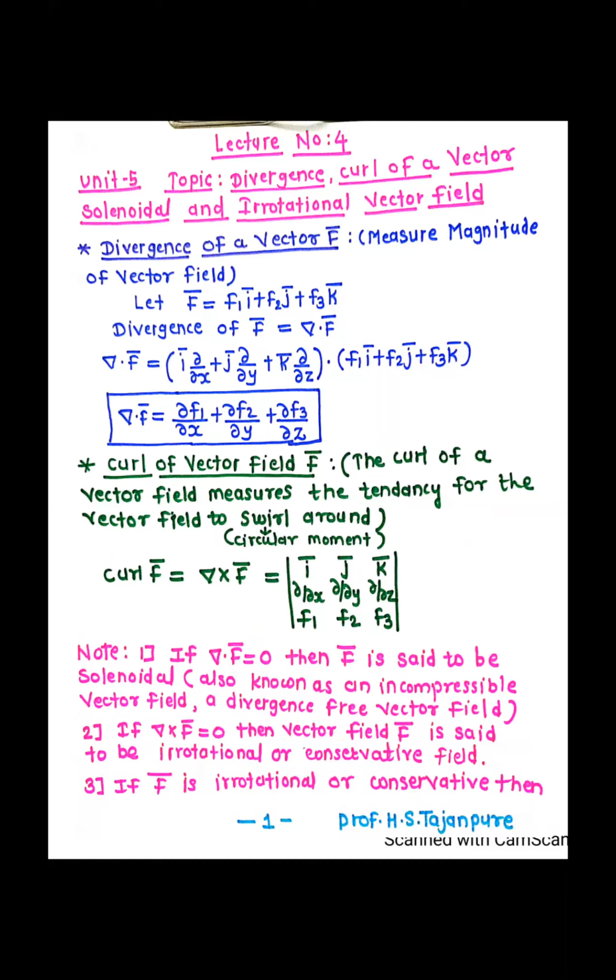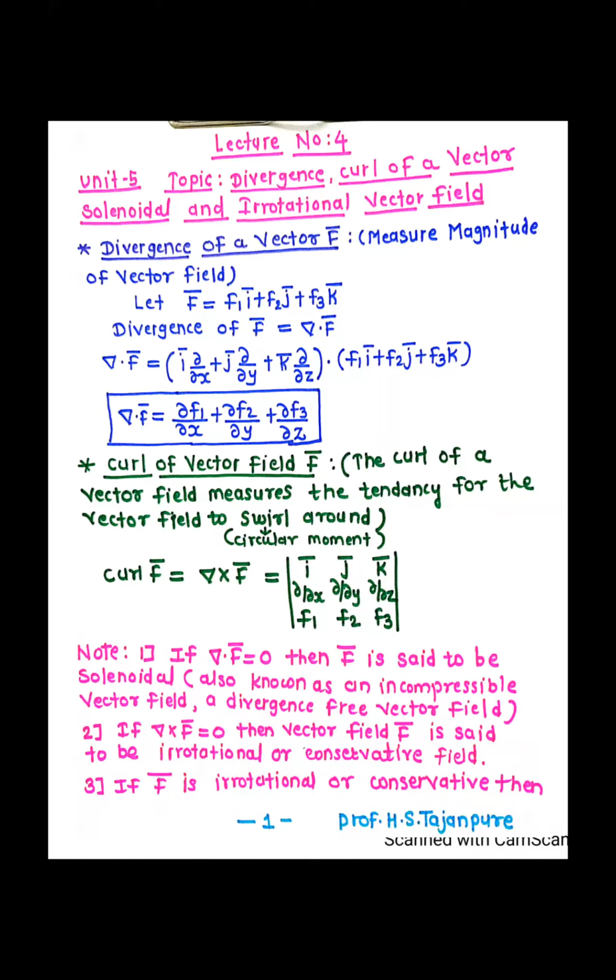That is the second point. Remember, whenever we have to prove that f bar is irrotational, we have to prove that del cross f bar equals 0. Is it clear?